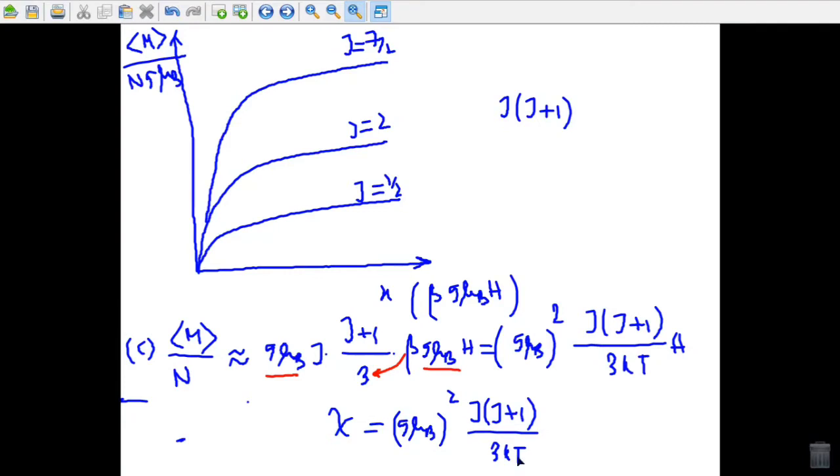Substituting J equals half and g equals 2, we obtain the result we have previously found.